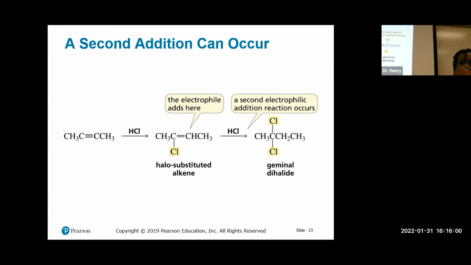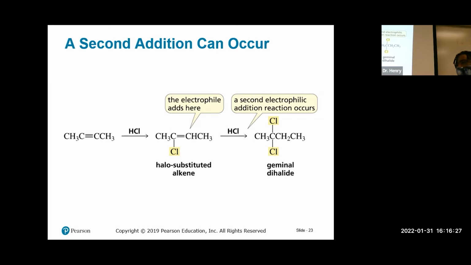Okay, so excess HCl causes the geminal halide. Okay, so then we end up with, get rid of our double bond, we end up with a single bond. Okay, you guys got that? So we have to be careful.